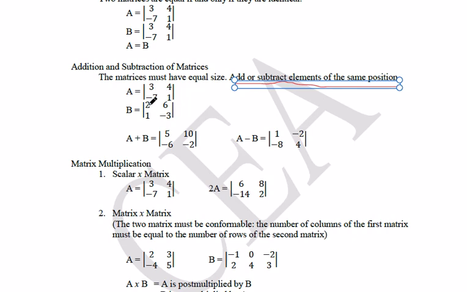So 3 plus 2 is 5. 4 plus 6 is 10. Negative 7 plus 1 is negative 6. And 1 plus negative 3 is negative 2. It also follows the same on the subtraction of matrices.